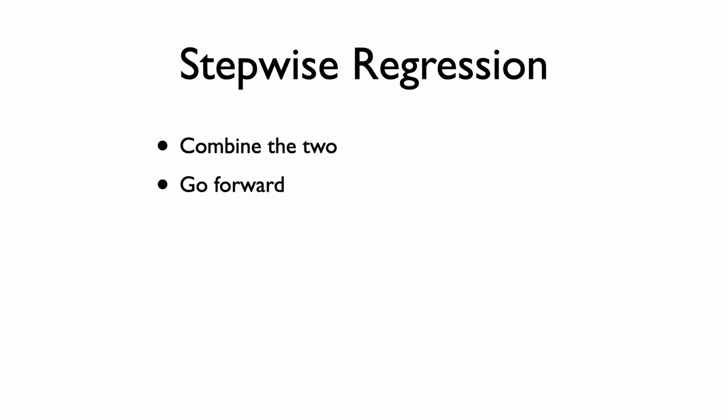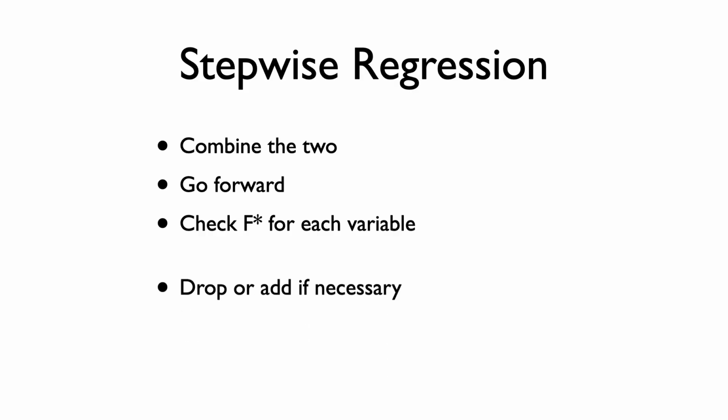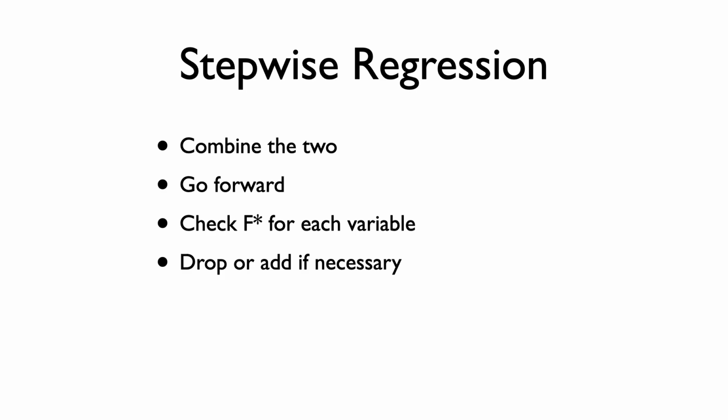We start by going forward, using the forward selection model every single time. So you go, okay, what's got the biggest F star? Put it in. And then we check and see, after the first one, is F star still big for all of them? If it's not very big, maybe we'll go through and check all of them again and see if we want to drop one.